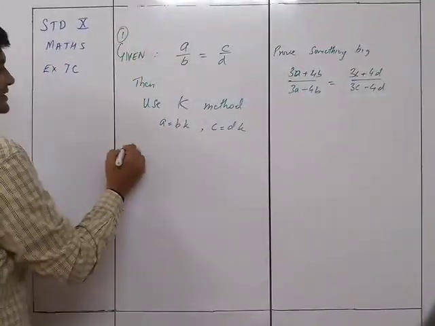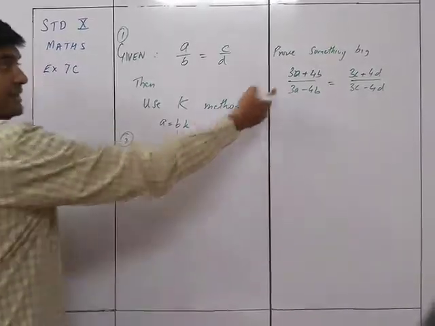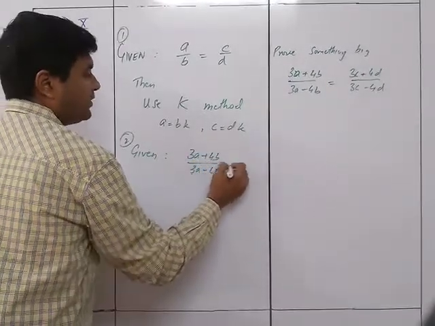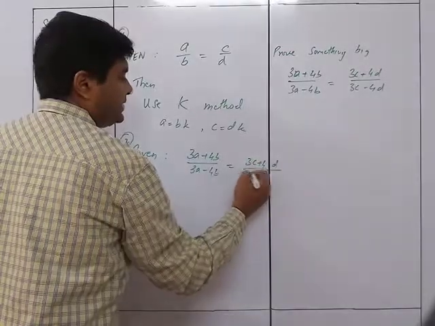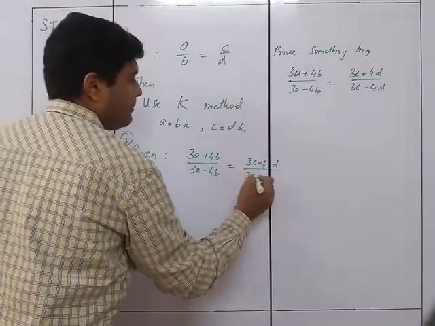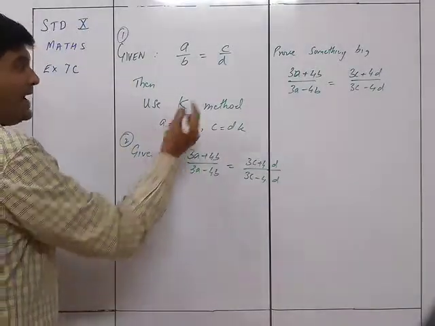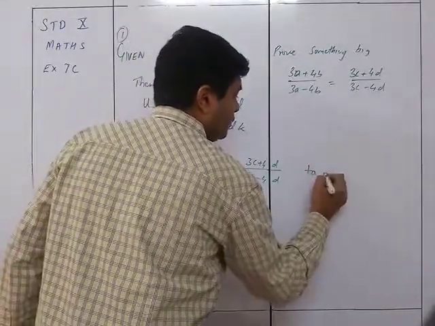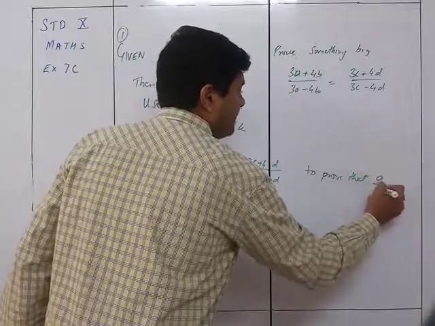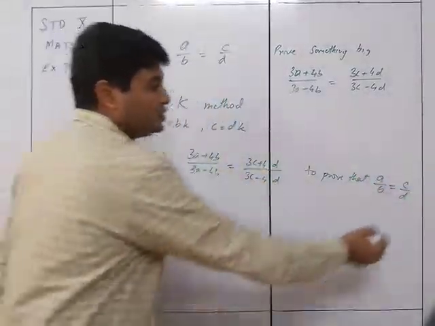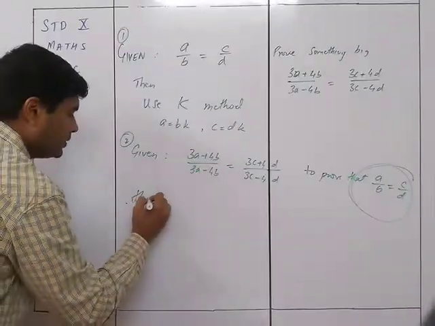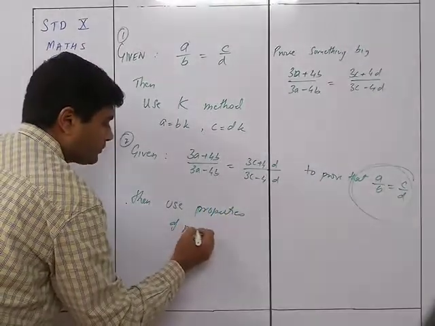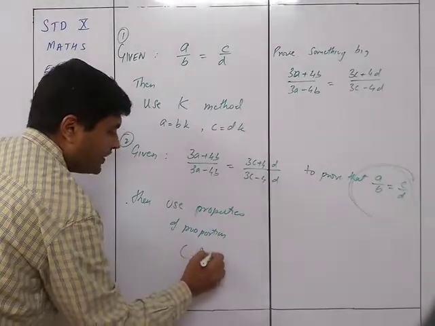Second kind of sum is if it is given that 3a plus 4b upon 3a minus 4b is equal to 3c plus 4d upon 3c minus 4d, and you need to prove that A upon B is equal to C upon D. If this is to be proved, then use properties of proportion like componendo and dividendo.